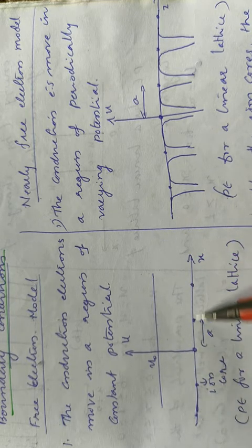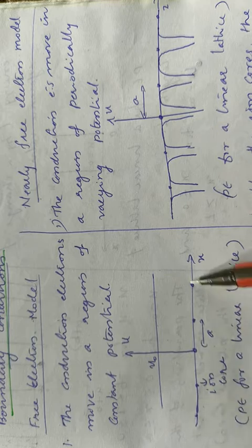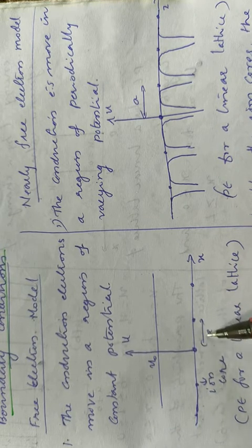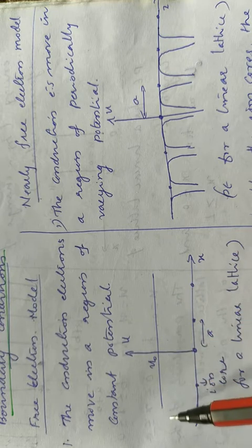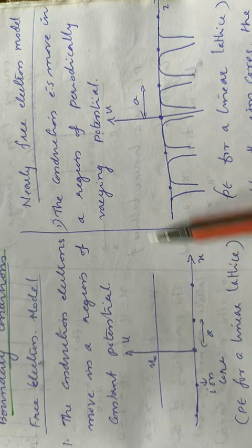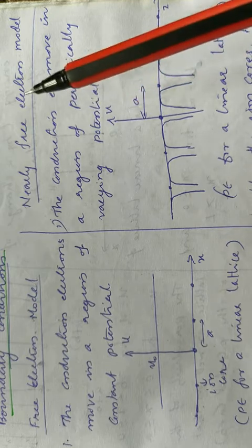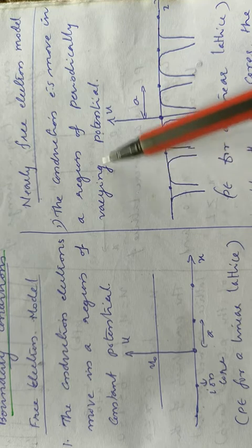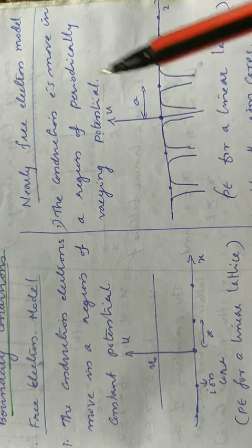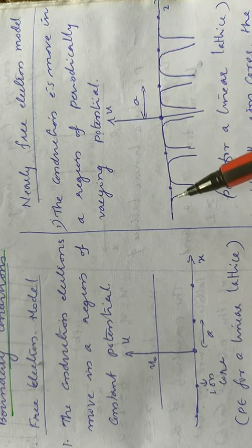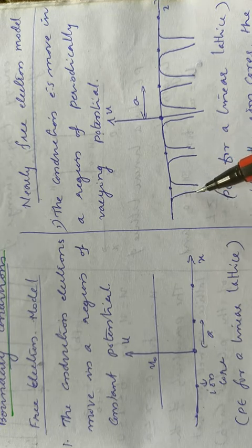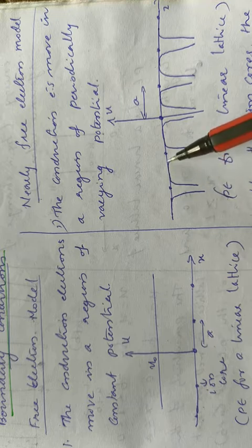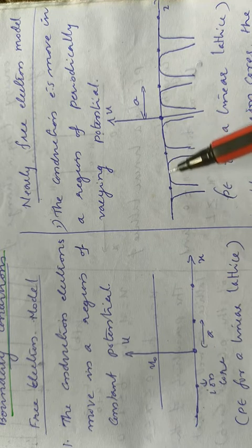So this is the reference axis, and this is the periodic lattice where these are positive ion cores separated by a distance a. The electrons are moving in a constant potential. Whereas in the nearly free electron model, the conduction electrons move in a region of periodically varying potential, so that the electrons experience a large negative potential near the positive ion cores and zero potential between these two positive ion cores.